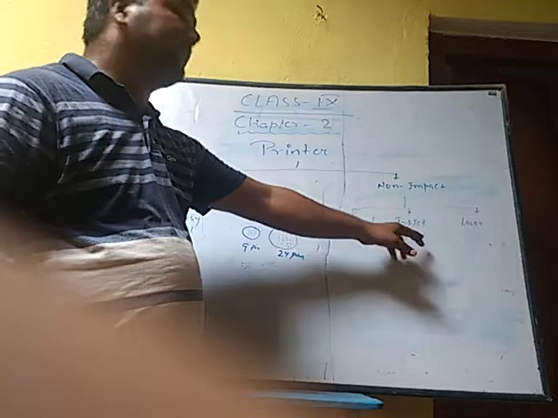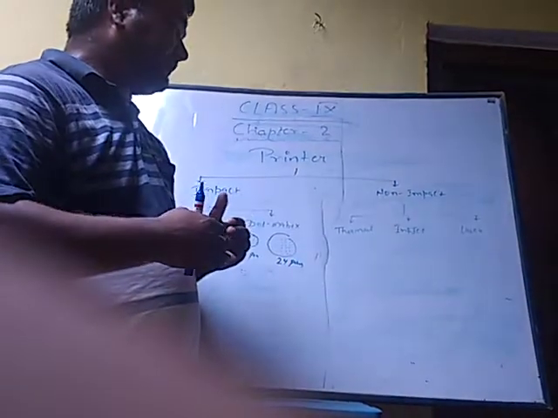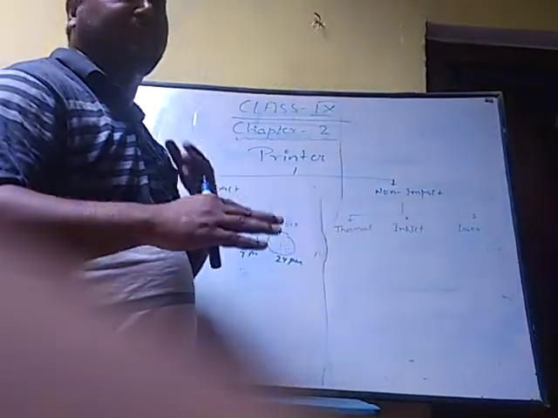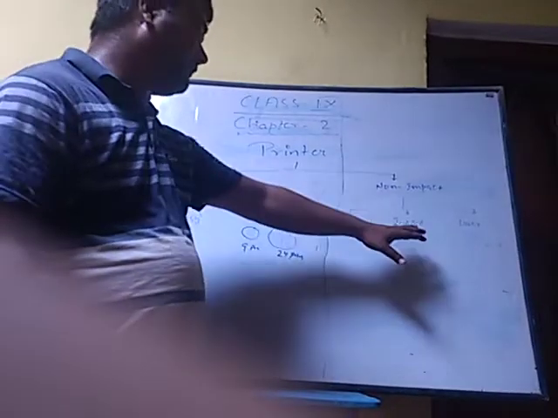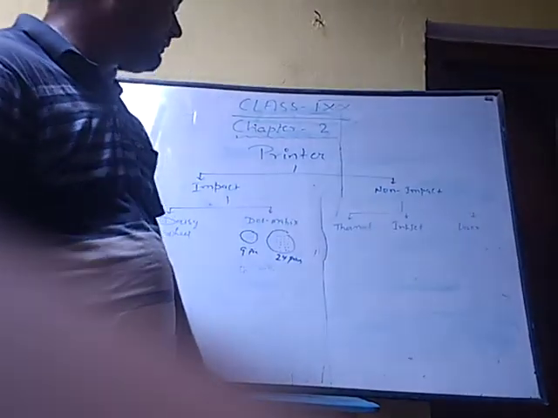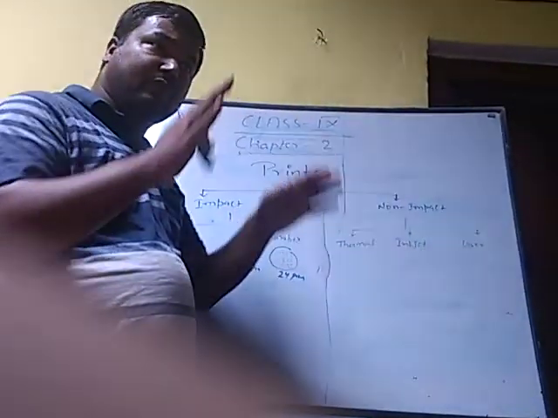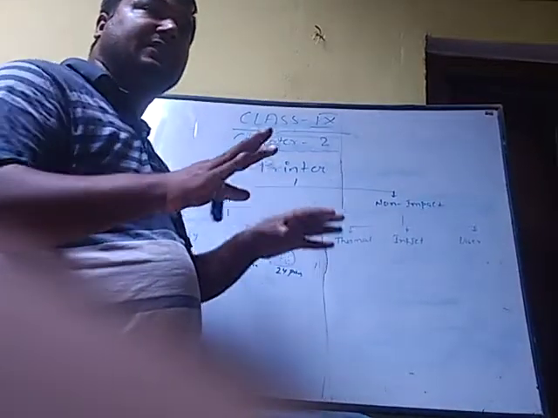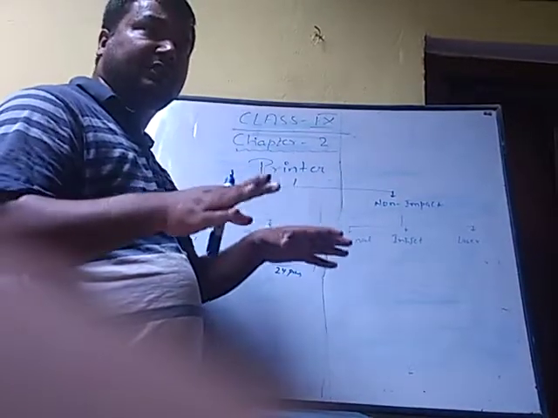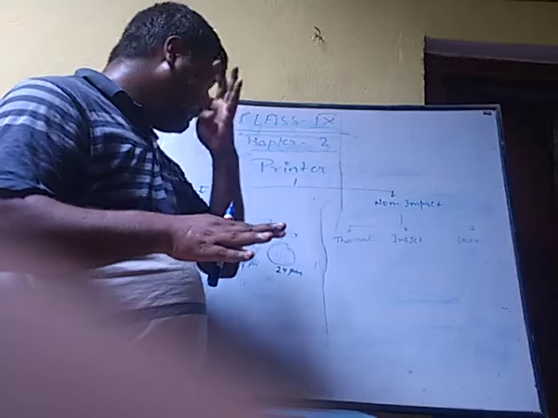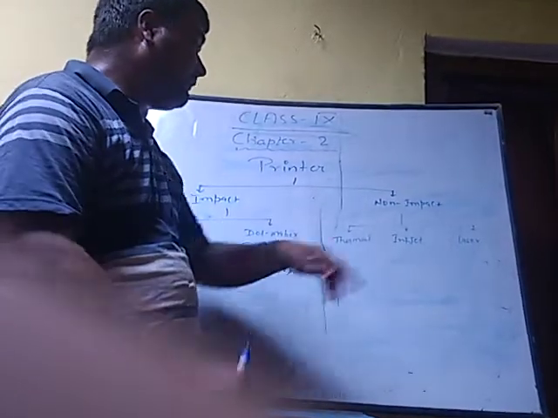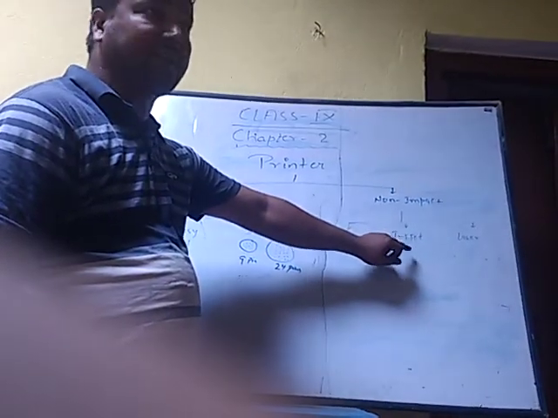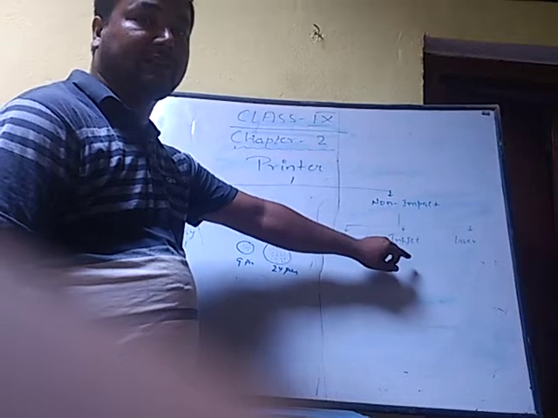It can produce 50 to 60 printouts per minute. Picture quality is determined by the density of the small dots. And it uses cartridges as the main ink.